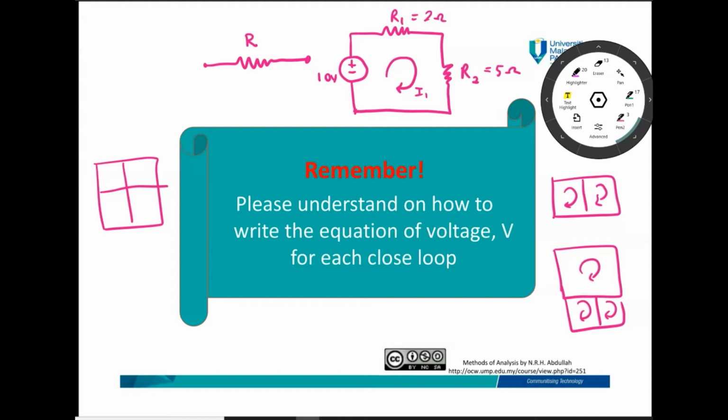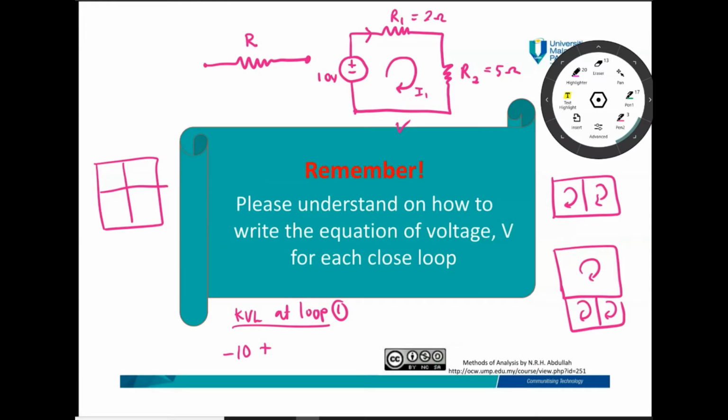For example, for this circuit, we can write that KVL at loop 1 is equal to minus 10 plus the VR1.